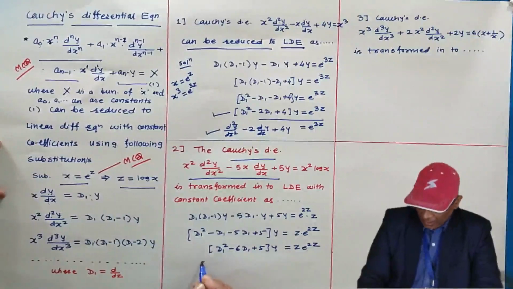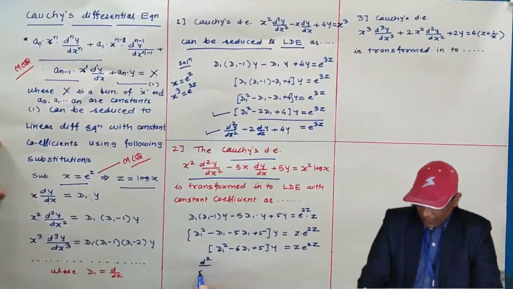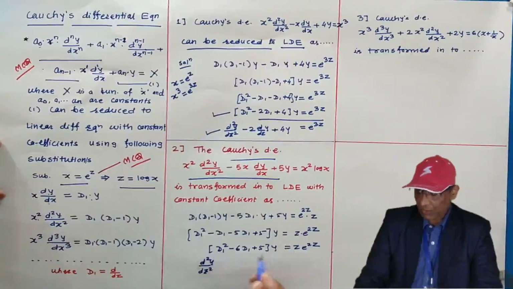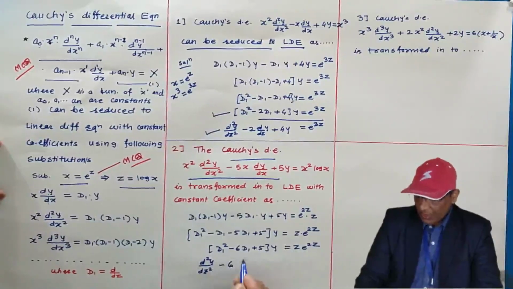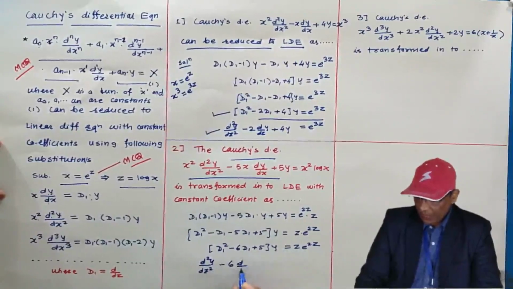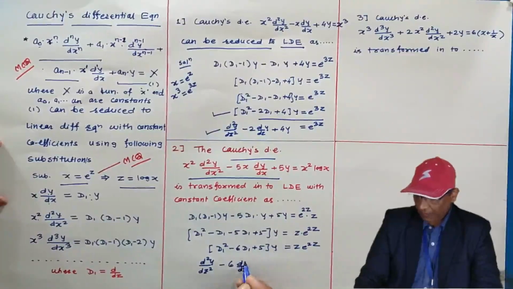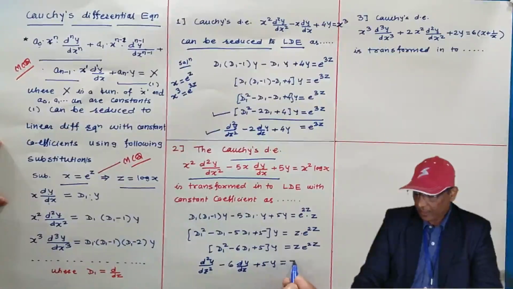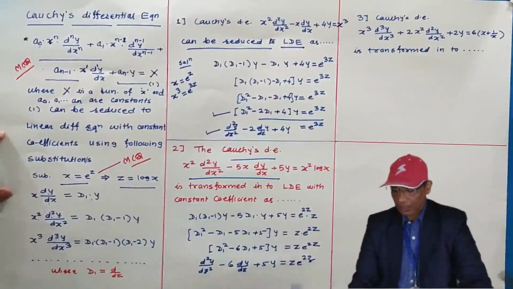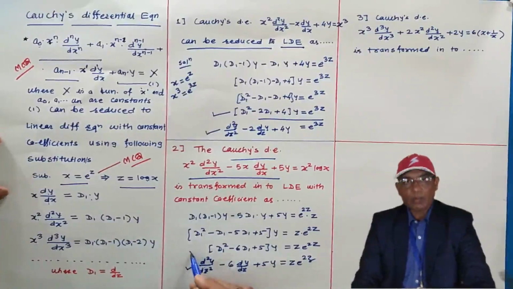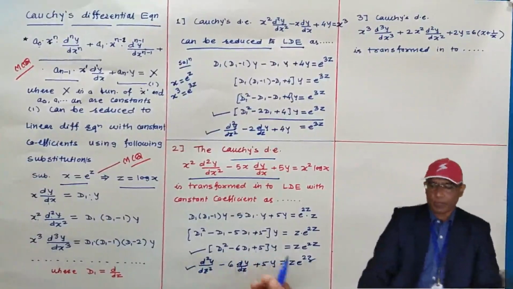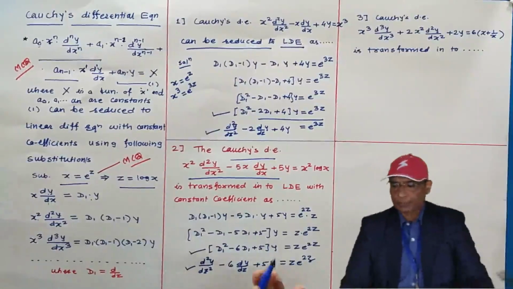D1 square is double derivative with respect to z of y. 6 D1 y means derivative with respect to z of y. 5 into y equal to right hand side. Okay, this may be given as an option, or this may be given as an option. This is correct option.